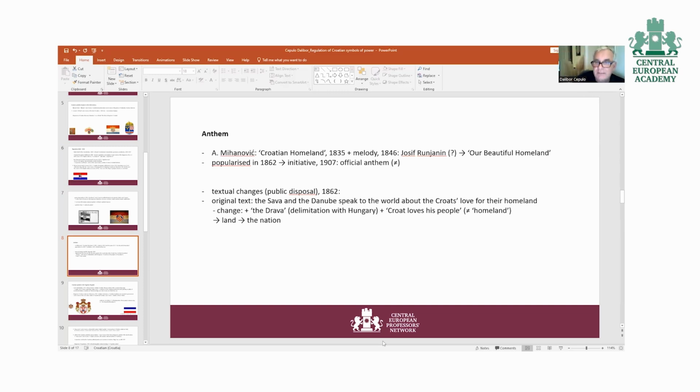Apart from that, the original verses about the Croat's love of his homeland were replaced by the Croat's love of his people. So these changes introduced the delimitation of the homeland and filled it with the national demarcation of this homeland. The Croat not just loved his homeland, but he loved his people.